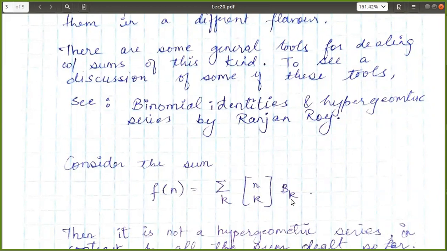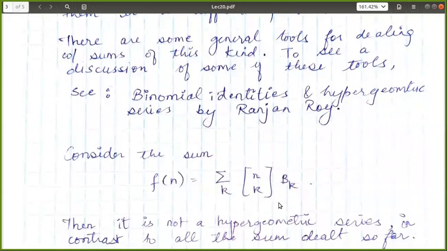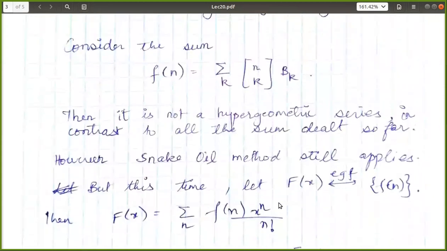This is not a hypergeometric series, and in such cases we surrender ourselves to the snake oil method, but not for the OPSGF, but for exponential generating functions. So you let f(x) be the exponential generating function for the sequence given by f_n, and then apply the rest of the recipe as it is.